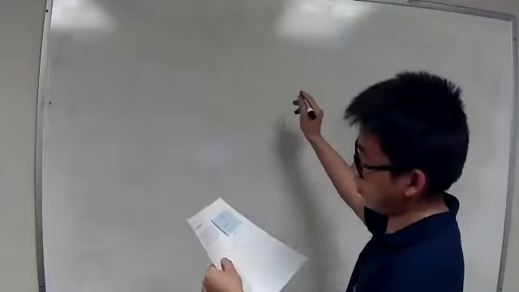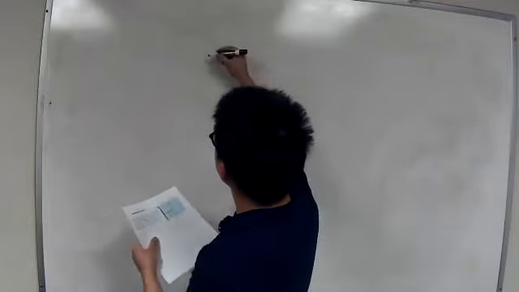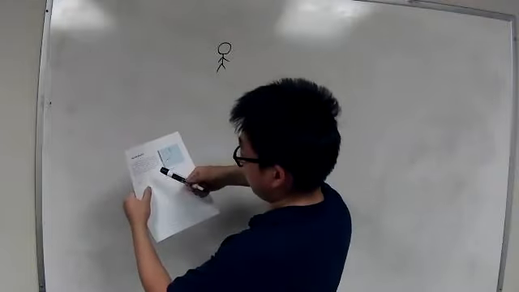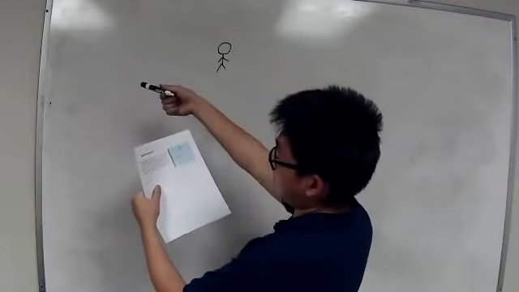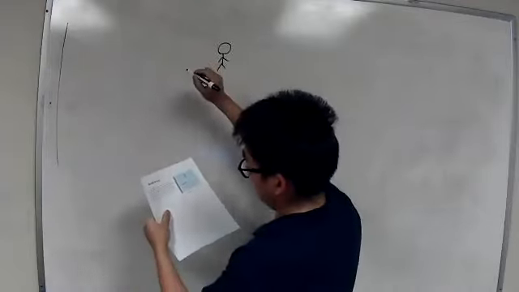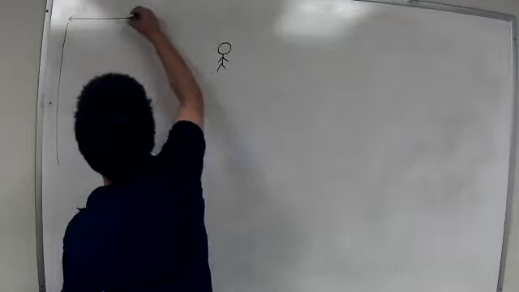The child is 45 meters away from the bank of the river. So the river's there, and this is 45 meters.